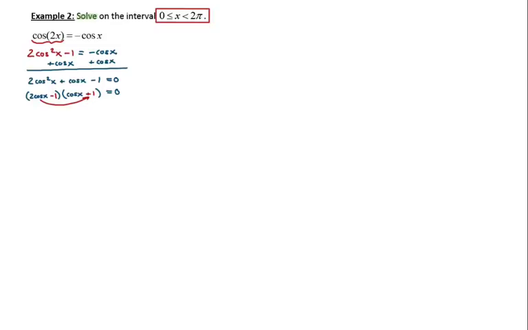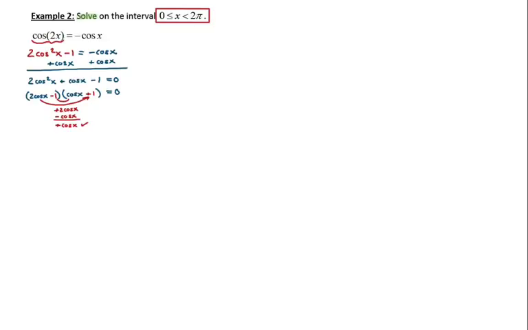So again, I'm going to check my outside-inside product. My outside product, 2 cosine x times plus 1, gives me plus 2 cosine x. And then my inside product would be negative 1 times cosine of x, which would give me negative cosine of x. And if I add those together, I get positive cosine of x. You don't have to write this check out. I just wanted to show you how I'm making sure that my factors are correct before I go ahead and solve.